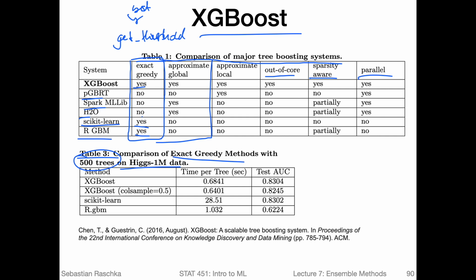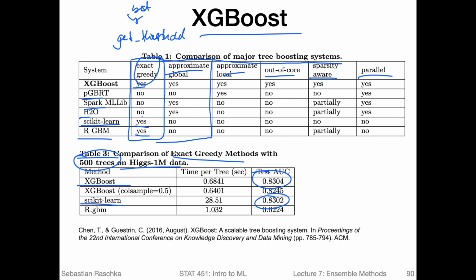And yeah, what you can see here is, if you look at XGBoost and the scikit-learn one, they have basically identical performance, which is nice. But this is also the exact greedy method, so it's kind of expected that the performance is the same as for the original gradient boosting, because this is the exact one, not the approximate one.